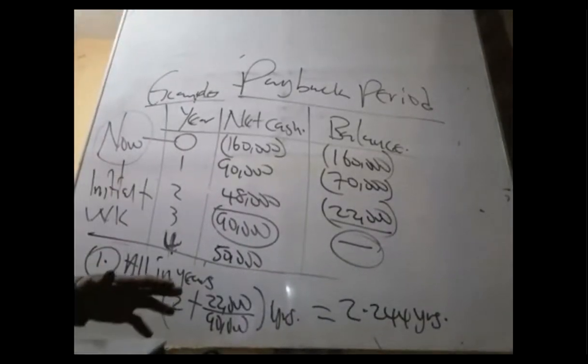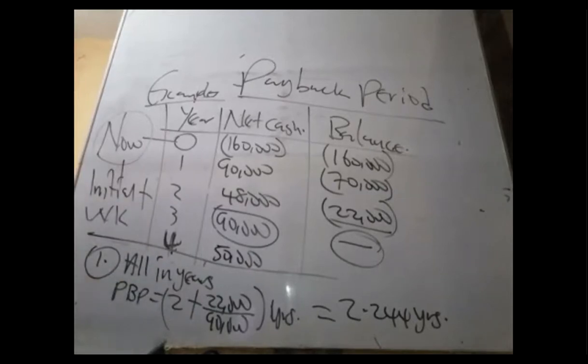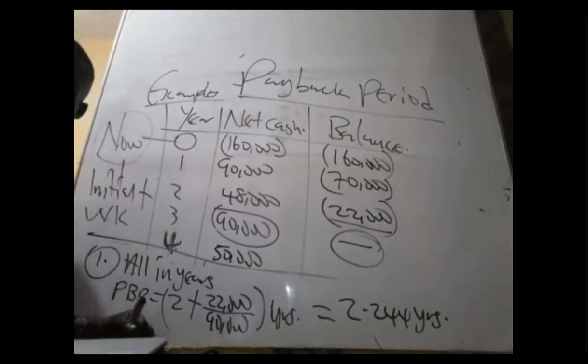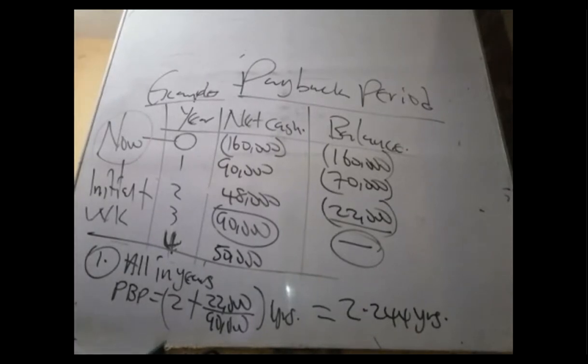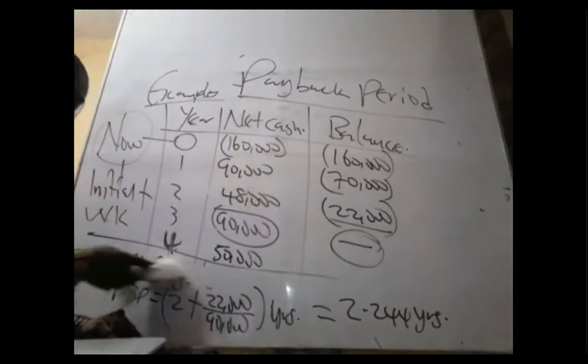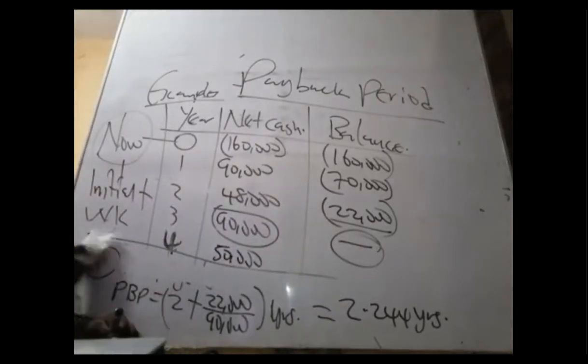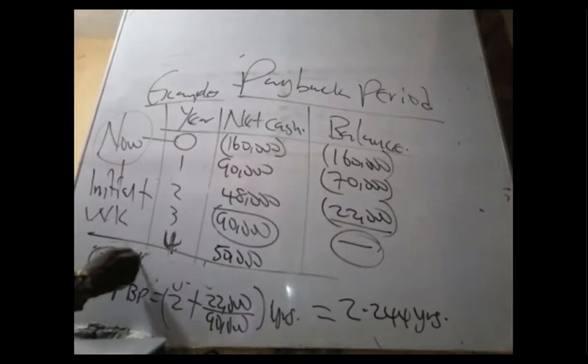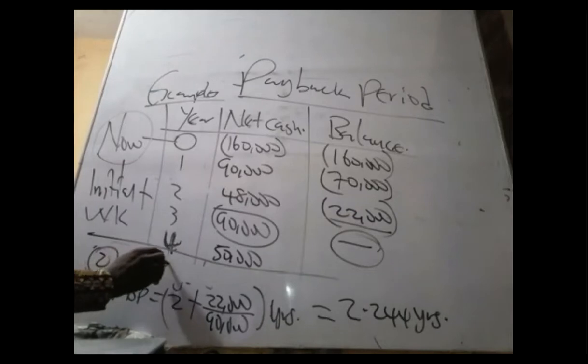So this one is in what? In years. Now let's move on to the situation where it will be years and what? Months. Okay, let's go to years and months. Look at them one after the other. So number 2, years and what? Months.